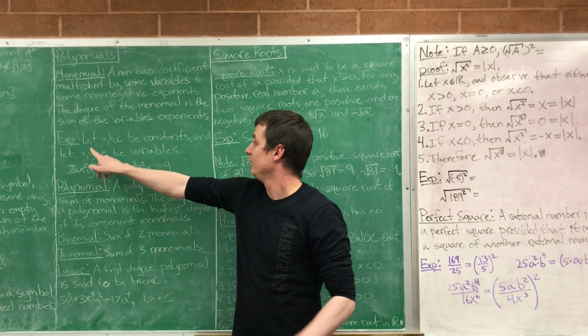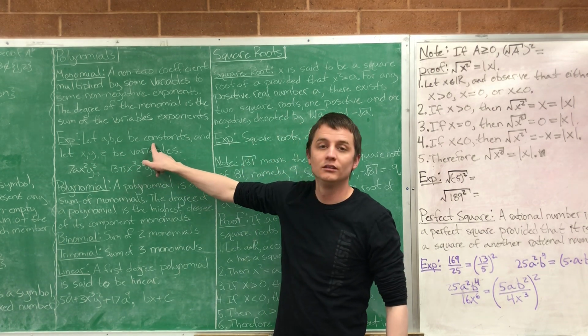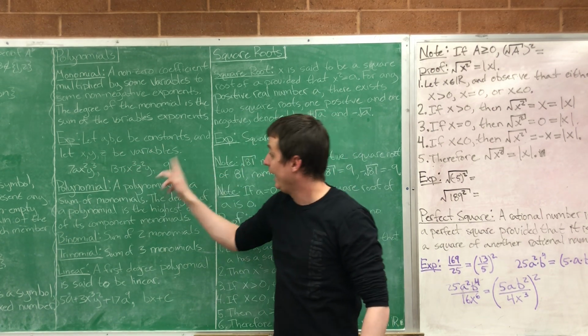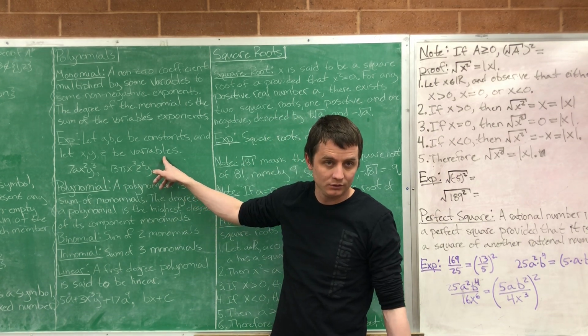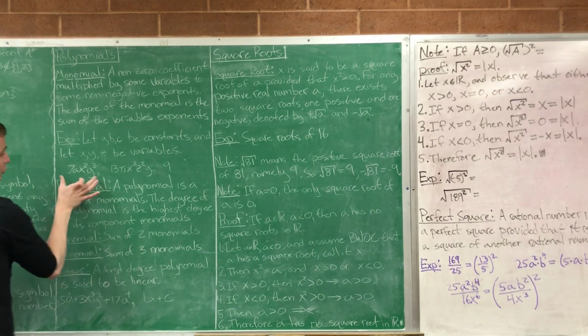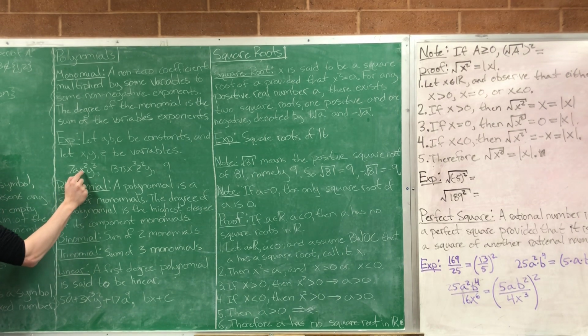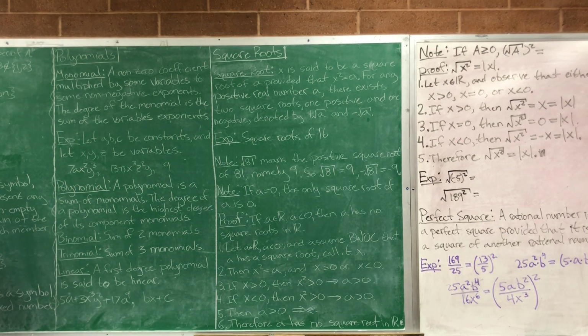So let a, b, and c be constants, and x, y, and z be variables. Good with me so far? Okay, so let's look at this term right here: 7a x squared y cubed. First off, what's the coefficient? 7a. Everything that's not the variable part. Is 7a 0?